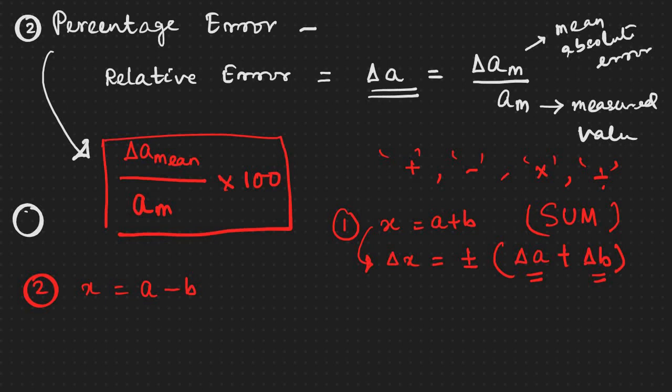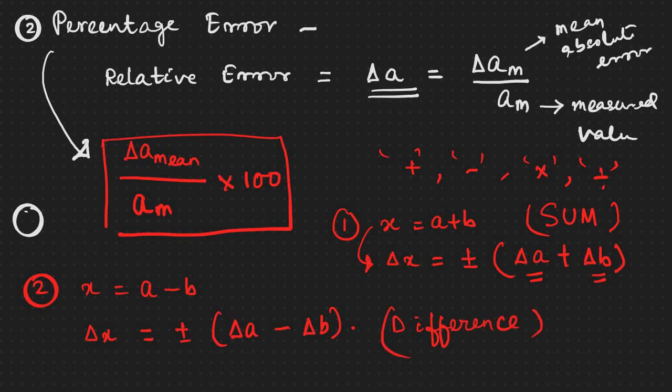Okay, measured value and true value. That's why the error we are calculating here in addition and subtraction is the same. For subtraction also, we will calculate del x as plus minus del a plus del b. That's it, nothing else. Okay, so this is for difference or subtraction, right?